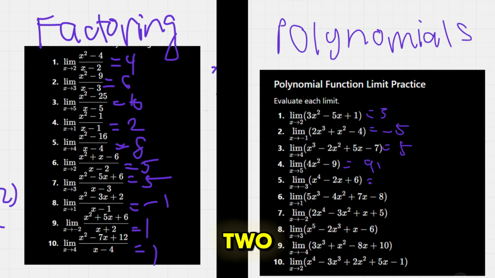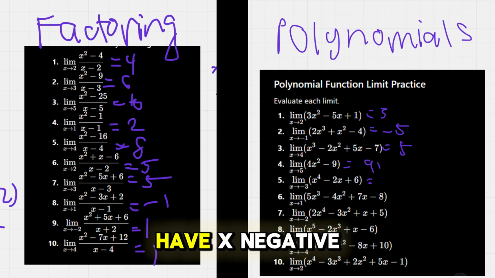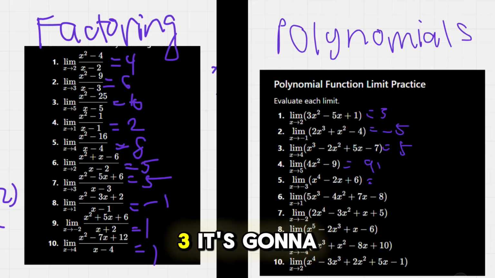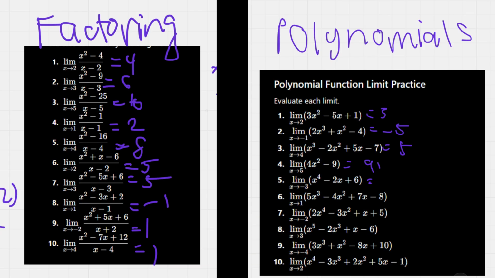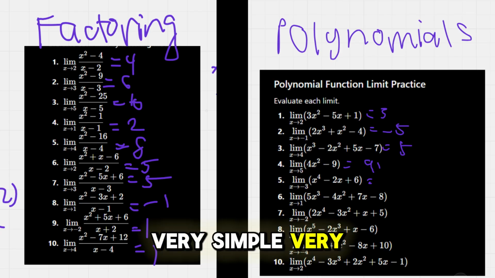What factors negative 6? Positive 3: x plus 3 times x minus 2. Then we're going to have x minus 2 here. Then 2 plus 3 is going to be 5. Very simple.